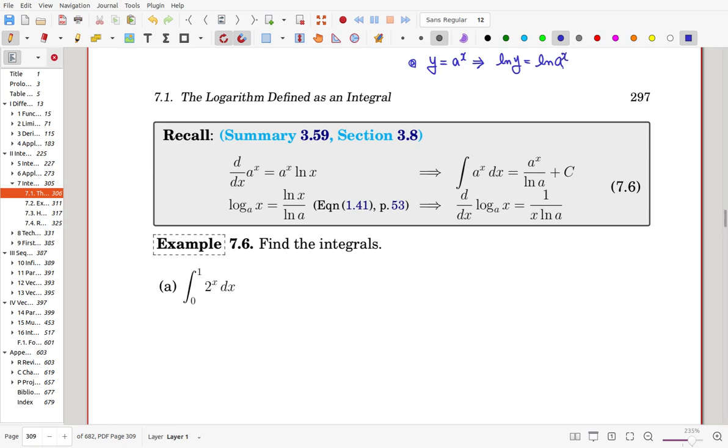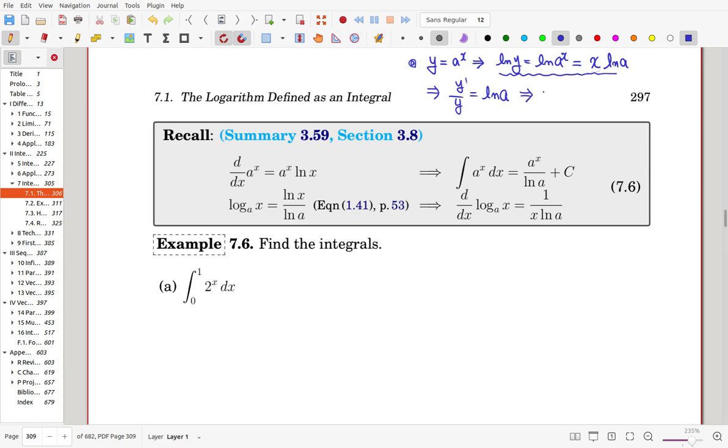By using the power law rule, we get that x can come out, and logarithm of a. Okay, now we differentiate. Then here logarithm y will become y prime over y, and on the right side this is a constant and this is a simple x term, so that changes into logarithm a.